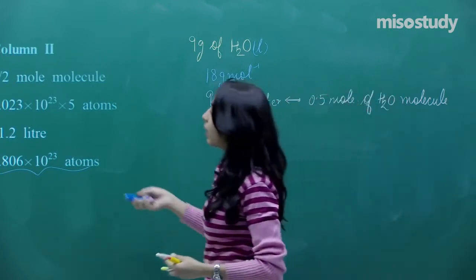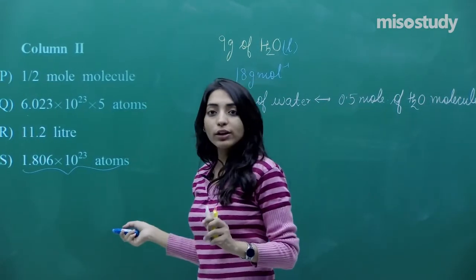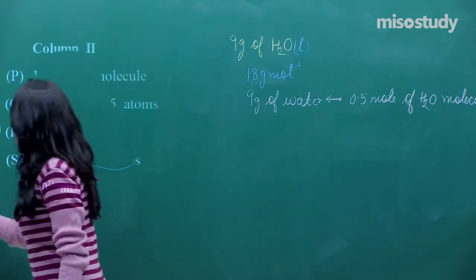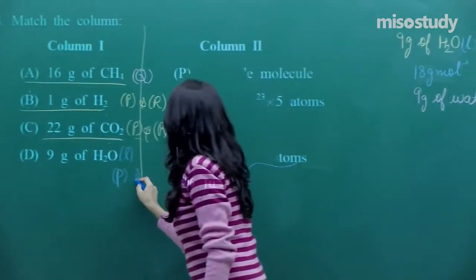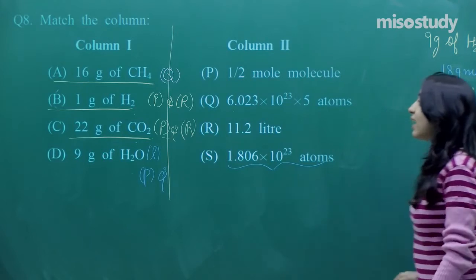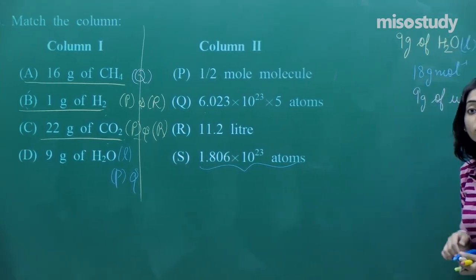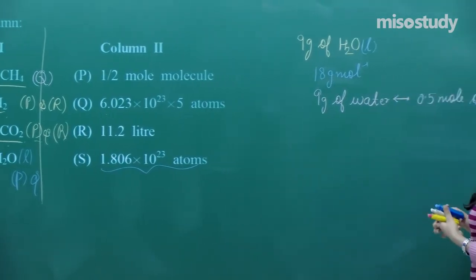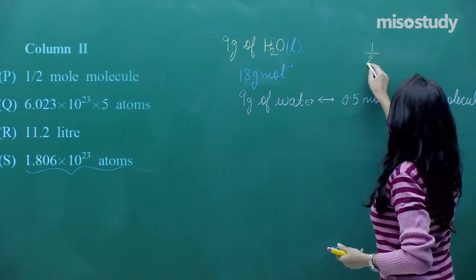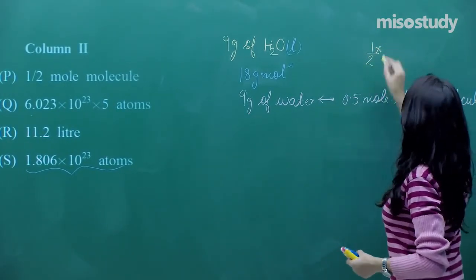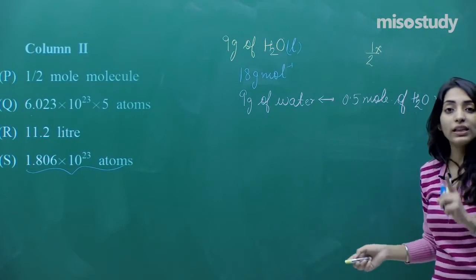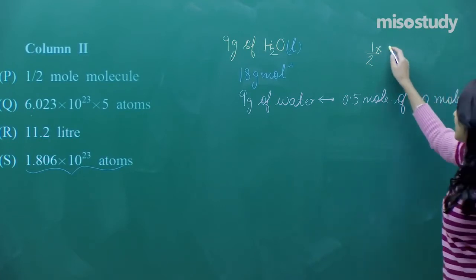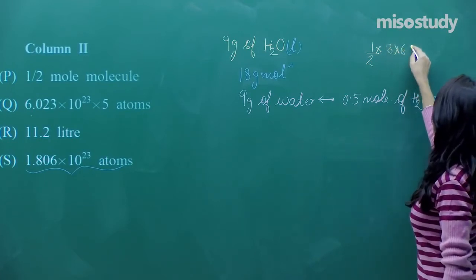Now see, half mole molecules of water, cool enough. So P is gonna be an answer. Is it having 6.022 into 10 raised to the power 23 into 5 atoms? Let's see. So 1 by 2 into, how many atoms are there in one molecule of water? 2 plus 1, 3 into 6.022.